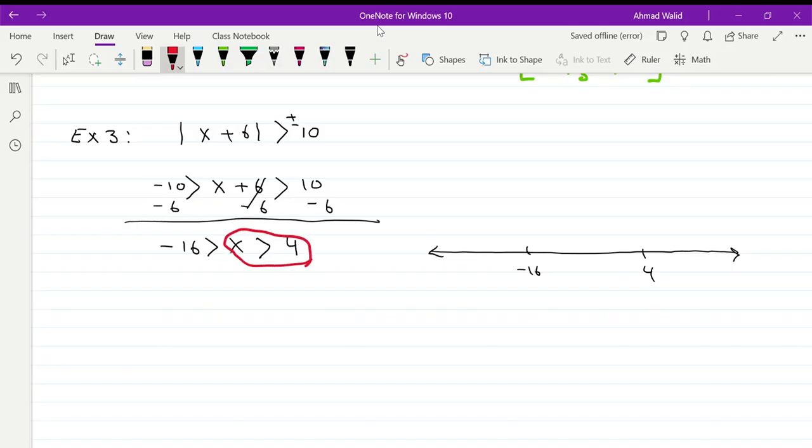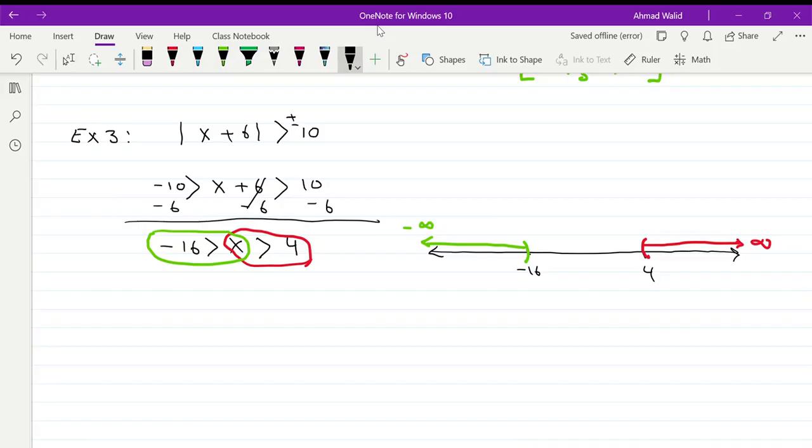X greater than 4 means parenthesis moving to the right to infinity. Graph the second part, x less than negative 16. Less than negative 16 is a parenthesis opening to the left, going to where? To negative infinity.